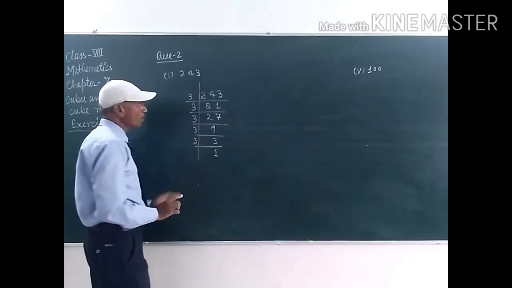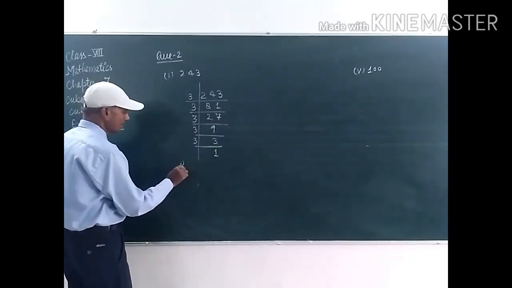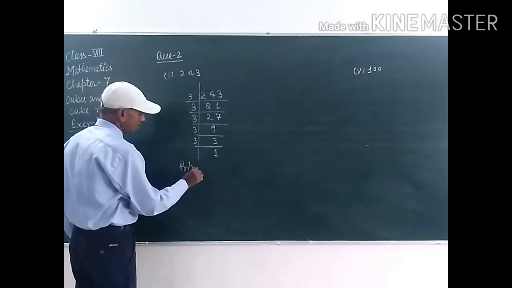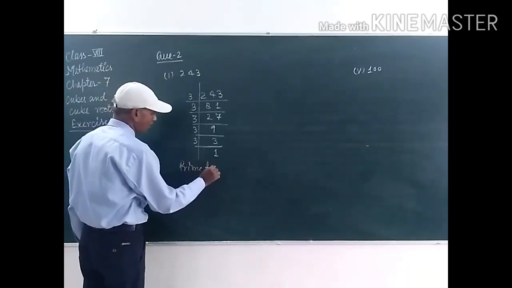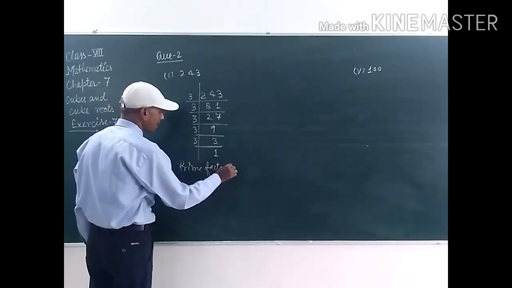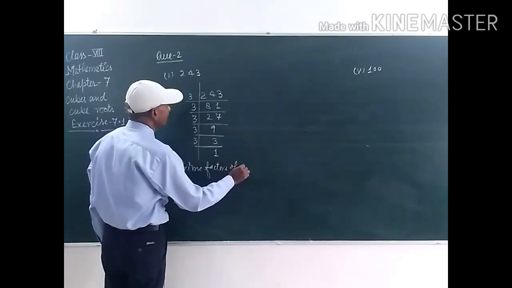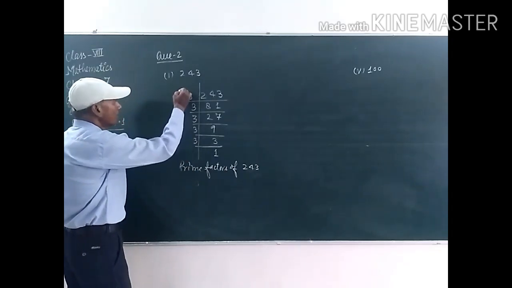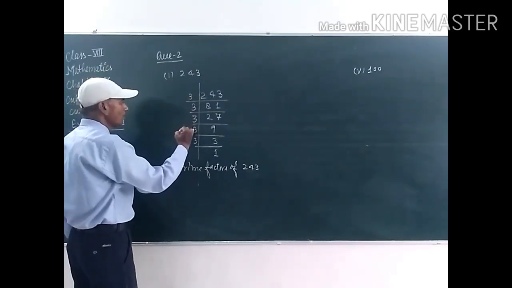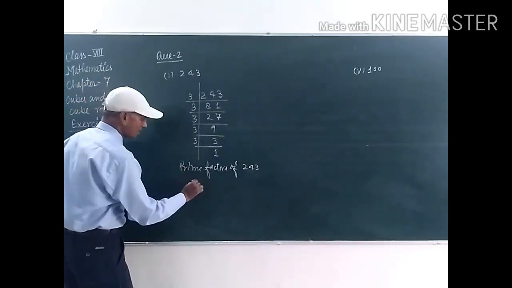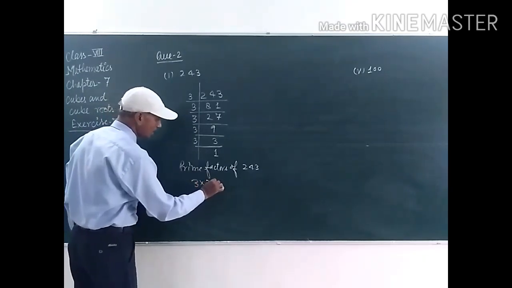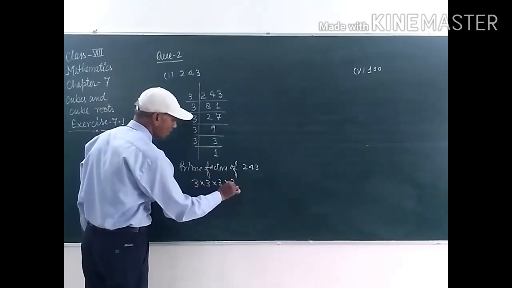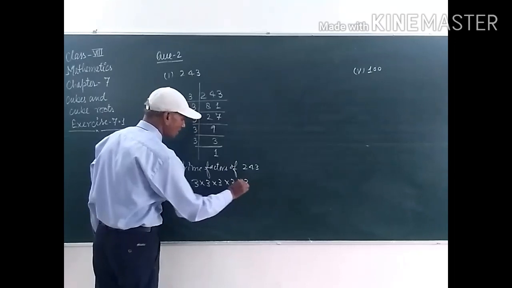Clear, student? So, the prime factors of 243 are 5 times 3: 3 into 3 into 3 into 3 into 3.